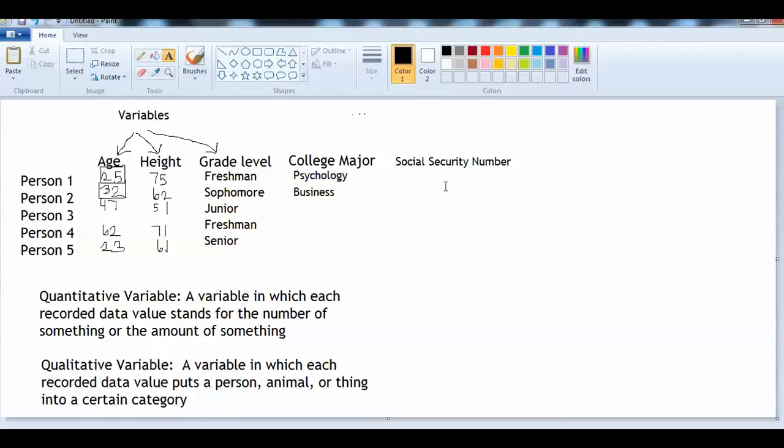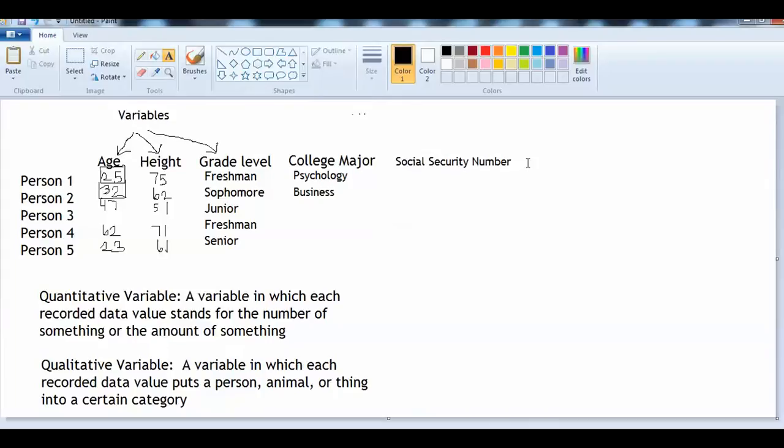It's just a label, or it's sort of like another name for the person. So you could think of it as just being a category of one person, pretty much. It's not something like over here where each data value is showing the amount of height that the person has. The social security number isn't a quantity.